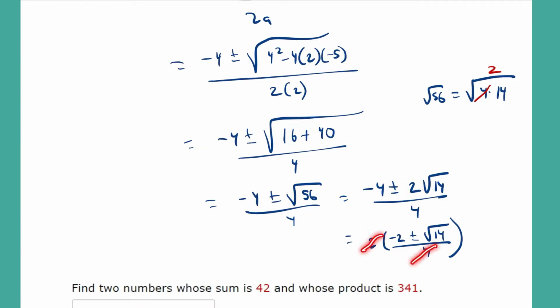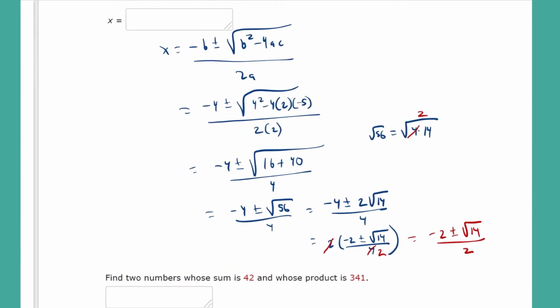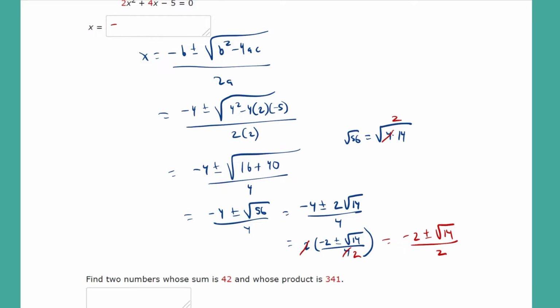And now I can simplify these two. 2 goes into 2 once, 2 goes into 4 twice. And that would be our final answer there, which is negative 2 plus or minus the square root of 14, all over 2. To write that, you need to separate the two solutions, one plus and the other minus.